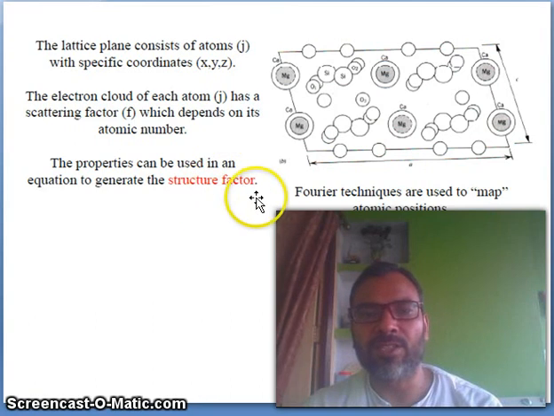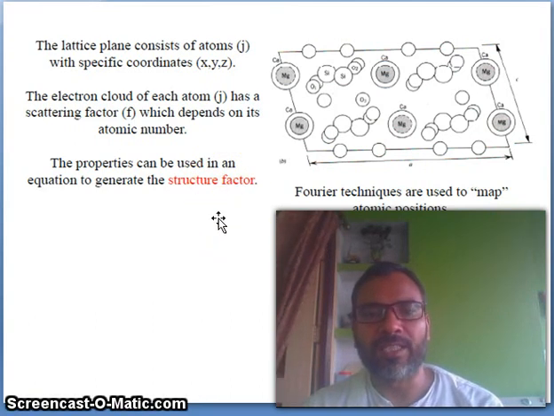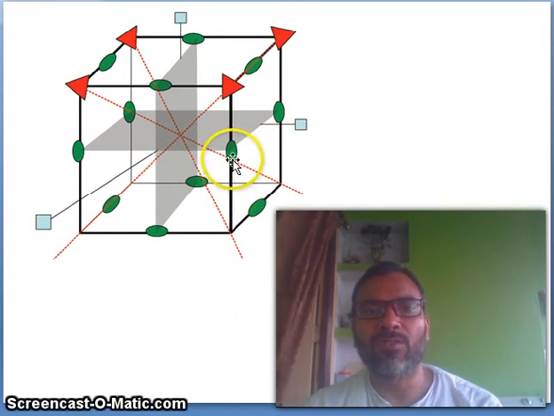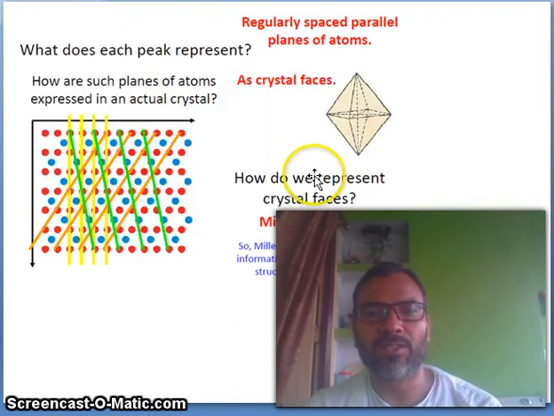That is the structure factor, an important factor. Now look at this: you see the two-fold, three-fold, four-fold. This is a two-fold axis of rotation, three-fold axis of rotation, four-fold axis of rotation.